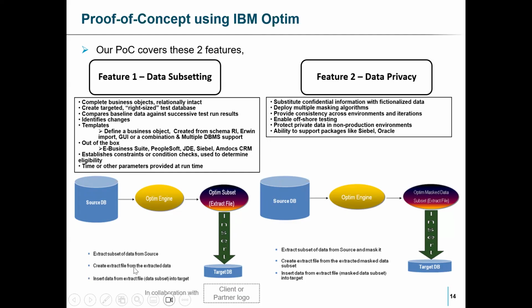ETL is extraction, create an extract file from the extracted data, transformation, and insert data from the extract file to the target, loading. That is the ETL process. Same thing for data privacy: source, the engine does data masking, extracting the file and the extracted masked data subset.